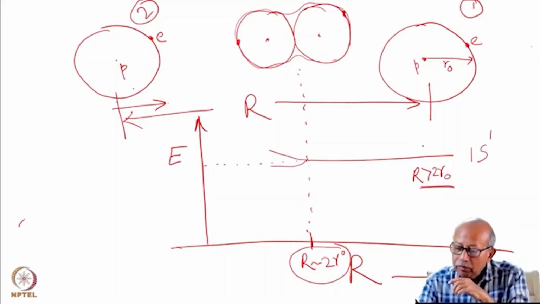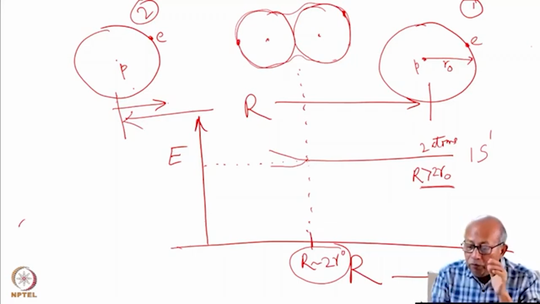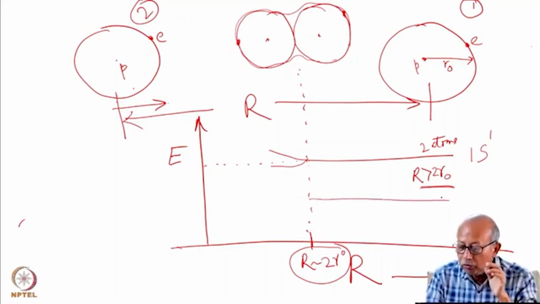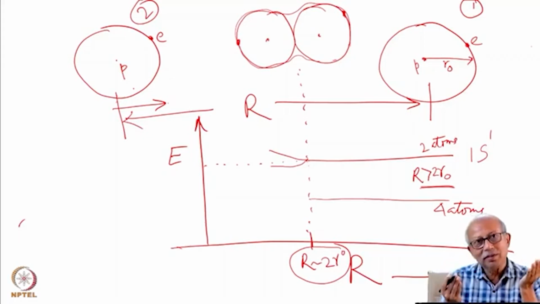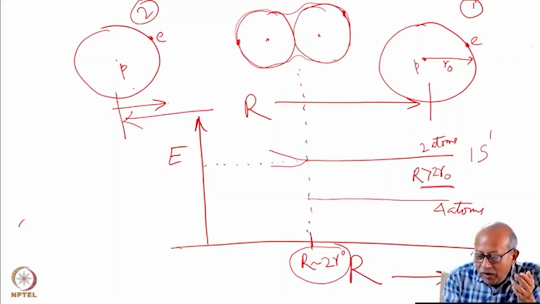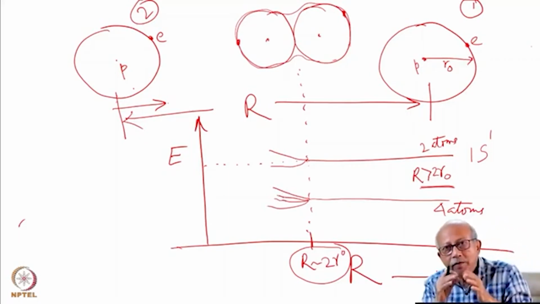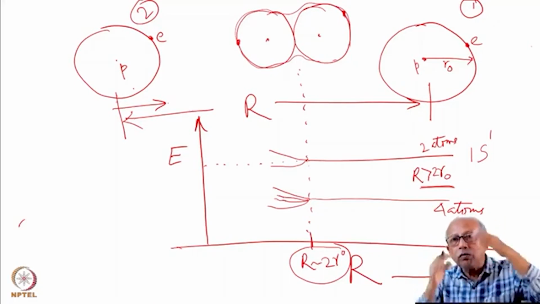So that is what happens when two atoms are brought close to each other. If we now bring four hydrogen atoms close to each other, it is easy to visualize that the energy level will split into four different energies. That means the four electrons can rotate around all four nuclei.